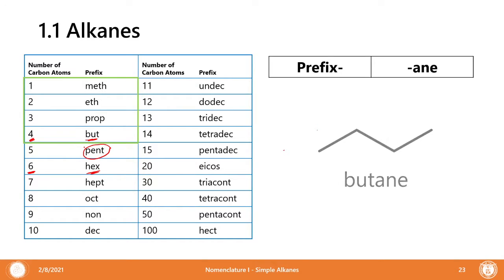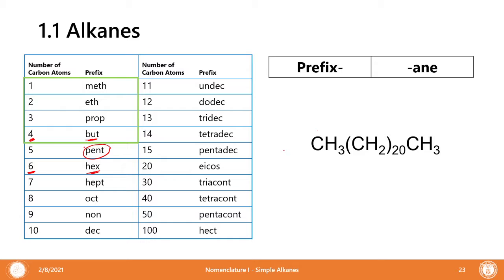Okay, let's try this one. Let's count the number of carbons based on the formula. We have 1 carbon here. We have another carbon here, so that's 2. And then we have a chain of carbons in the middle, which are equal to 20. So we add 20 and the 2, and we get 22 carbons.